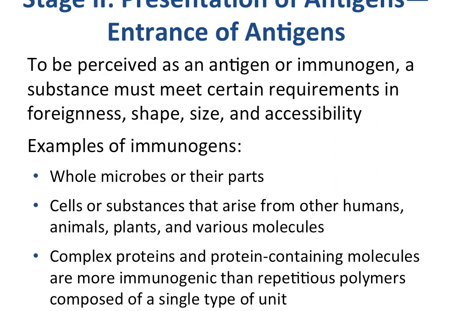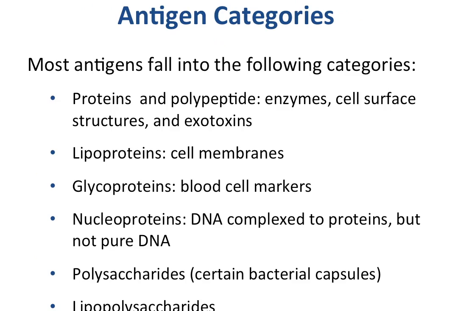For example, the ABO blood type is a human host cell antigen. Antigens are complex proteins or protein-containing molecules, such as proteins or polypeptides, lipoproteins, glycoproteins, nuclear proteins such as DNA complexed to protein, polysaccharides and lipopolysaccharides.